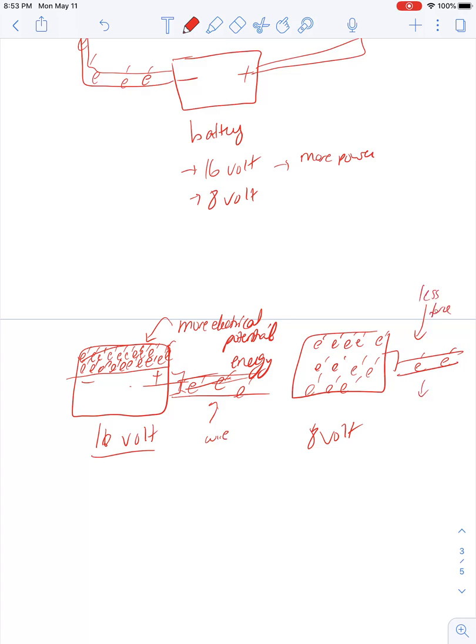And because that's the case, these will produce less energy. And this one, because these are stored so tightly, and when you turn the battery on, they're released with so much more force, is going to have more output. This one will have less output. And basically that's how a battery works.